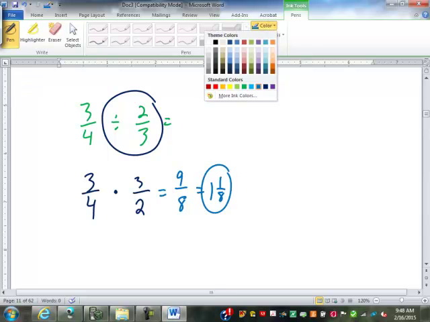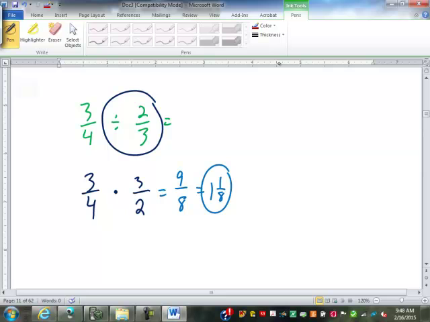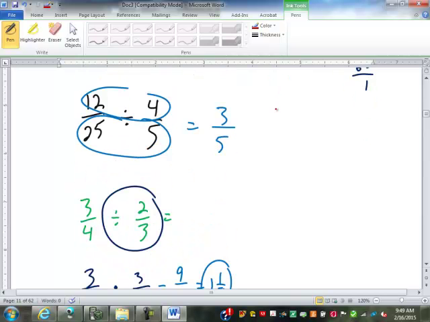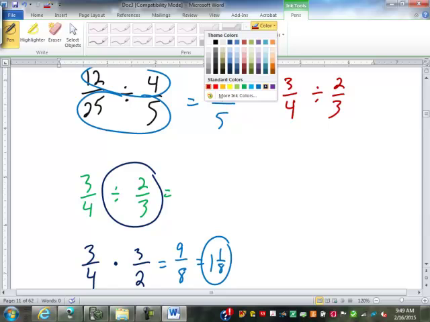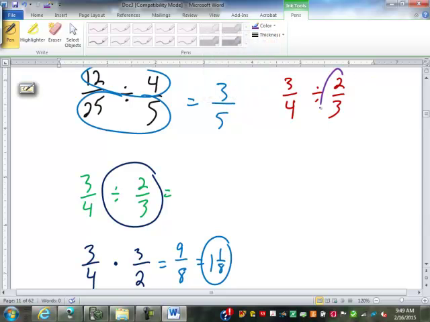Well, believe it or not, that multiplying by the reciprocal, just like borrowing and carrying that we talked about with whole numbers, is a relatively new process. The actual process of dividing fractions, 3/4 divided by 2/3, once upon a time would have looked like this. We're dividing by 2/3.